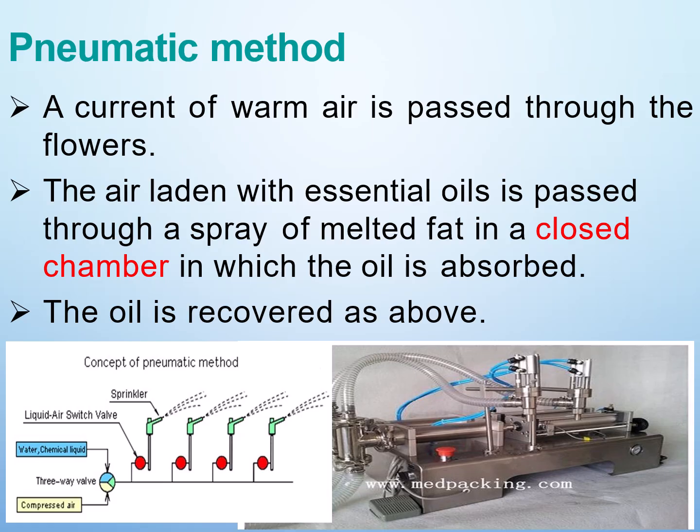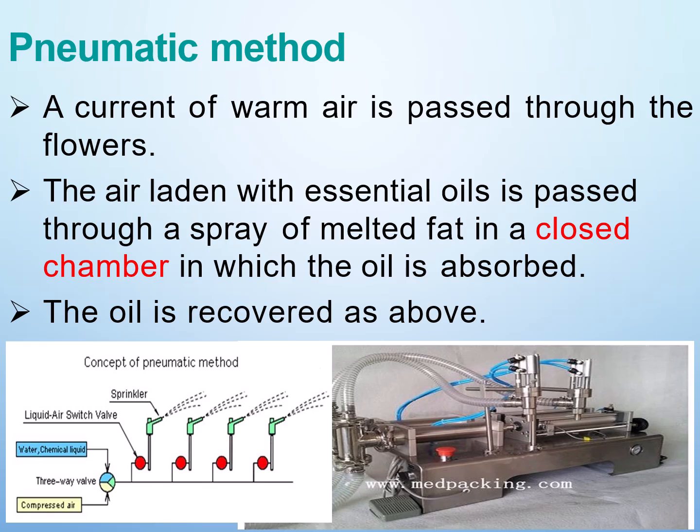The next method is the pneumatic method. This is also one method under extraction of volatile oil using non-volatile solvents, and it is a modified form of the enfleurage method. Here a current of warm air is passed through the flowers. Because of the warmth of the air, it vaporizes the volatile oil present in the flowers, and this air laden with the essential oil is sprayed onto melted fat in a closed chamber.